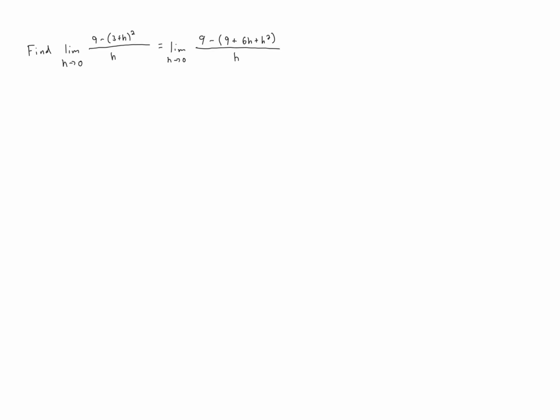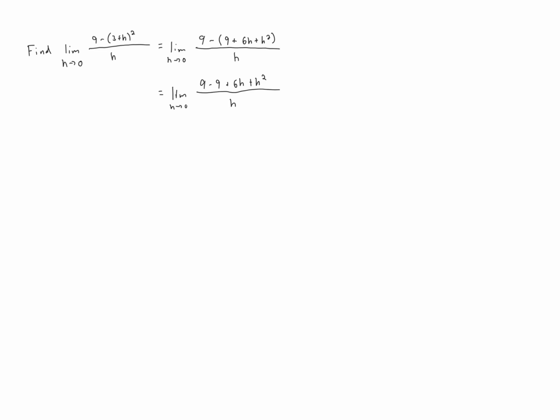You can go ahead and FOIL that out if you need to. And then we can distribute that subtraction in the numerator. So let's do that and see what it gives us. That gives us 9 minus 9 plus 6h plus h squared, all over h.